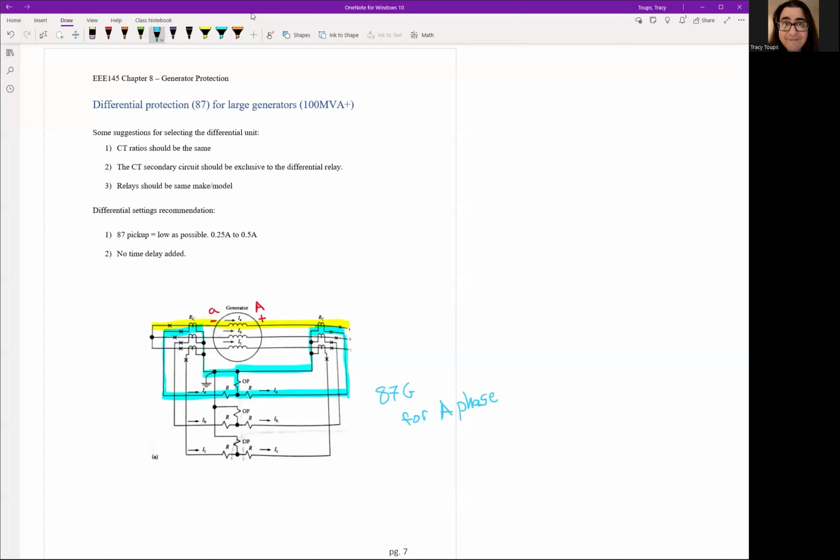Now, some suggestions whenever we're setting up this differential for the generator. CT ratio should be the same because there's no voltage change across the generator. So the current going in has to equal the current going out. So the CTs should be exactly the same. When I say exactly the same, I mean they should be the same ratio, the same burden.